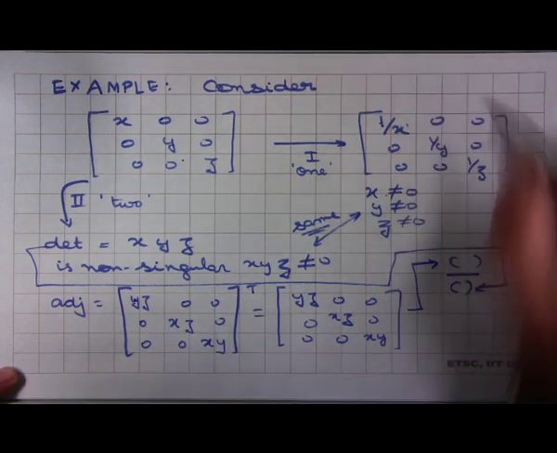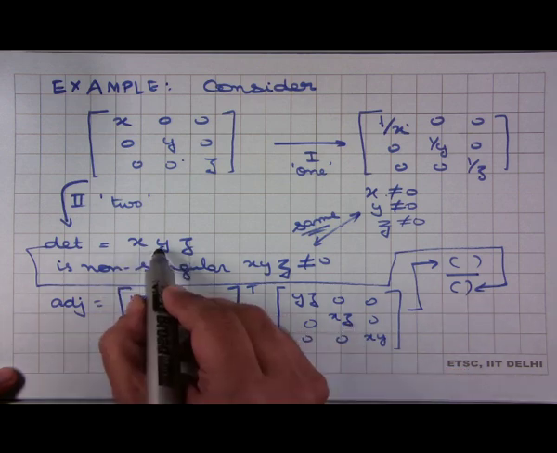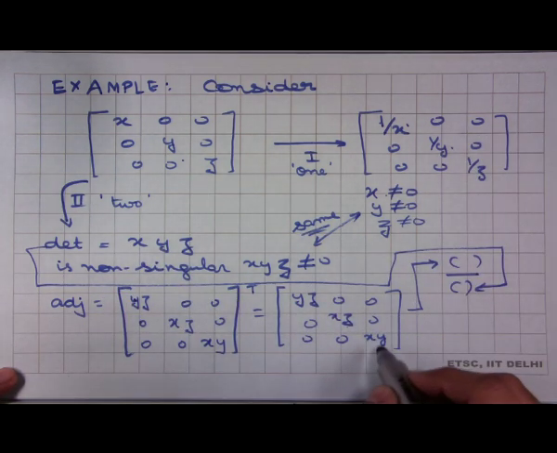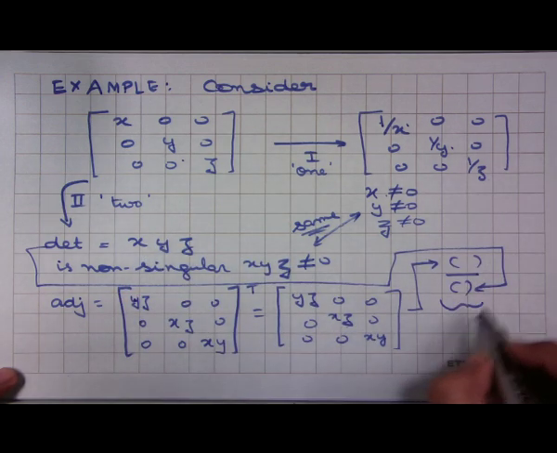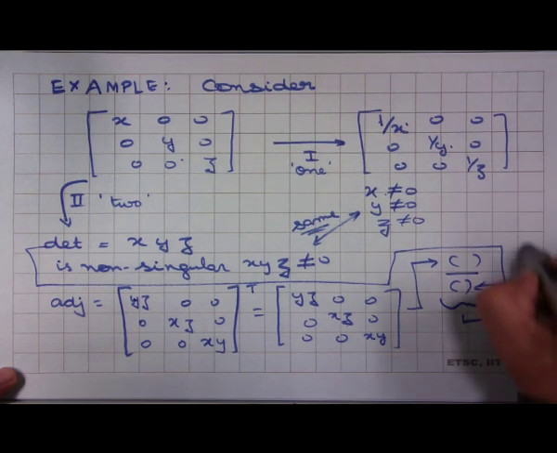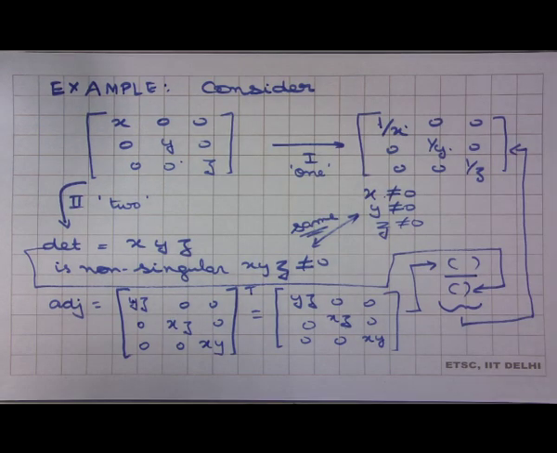That is nothing but what you got here. You divide x z by x y z, we will get 1 over y, which is this element. We divide x y by x y z, we will get 1 over z. So, this term which we derive from this more formal method is going to give you the same thing. So, both through formally defining the determinant and also by inspection we come up with the same result.